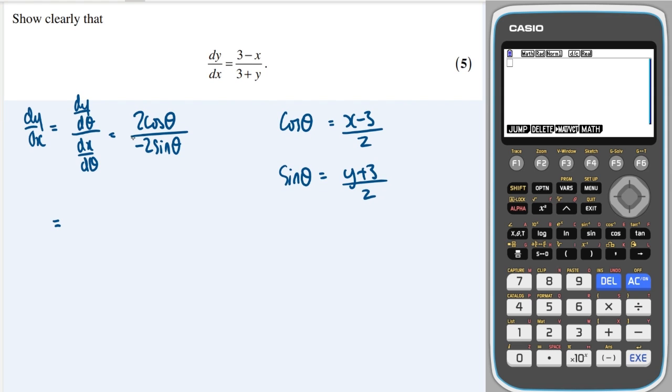So dy by dx, the 2's will cancel and we have just cos over minus sine. So cos is x minus 3 over 2, and that's over minus y plus 3 over 2.